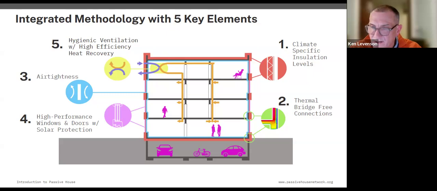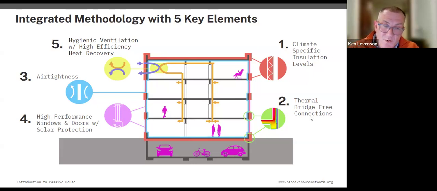We're going to go into more detail on all of these in a second. Thermal bridge free means a thermal bridge is where you have a break in the insulation, right? Where you have a structural element going through, where you have the window frame, where the wall meets the floor typically, or the wall meets the roof.